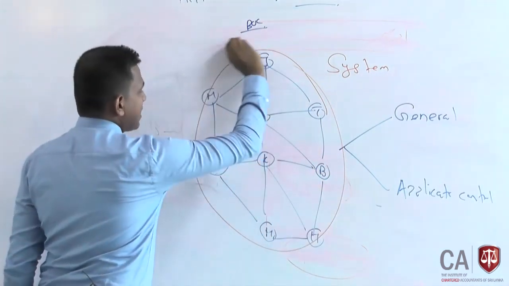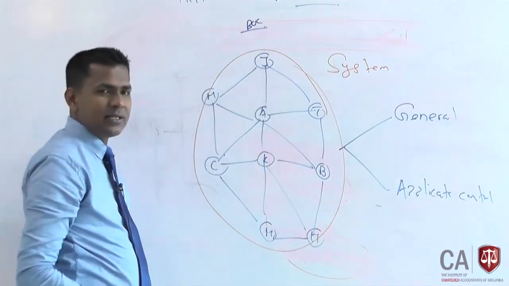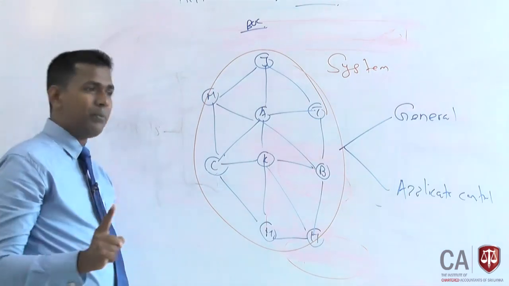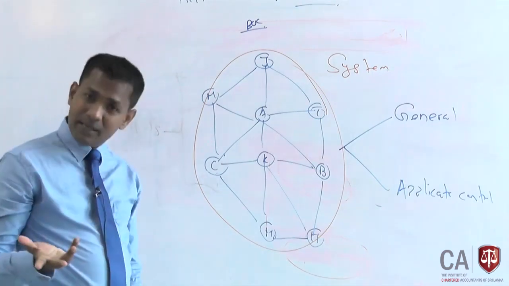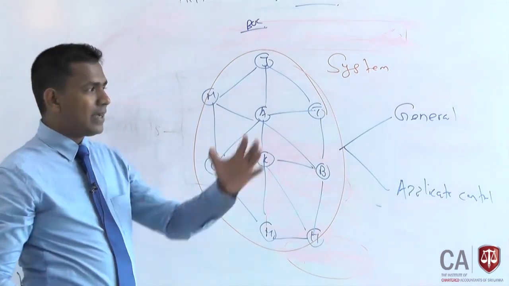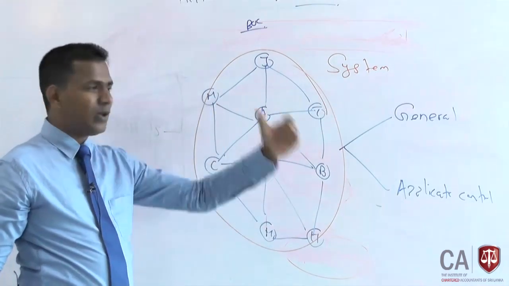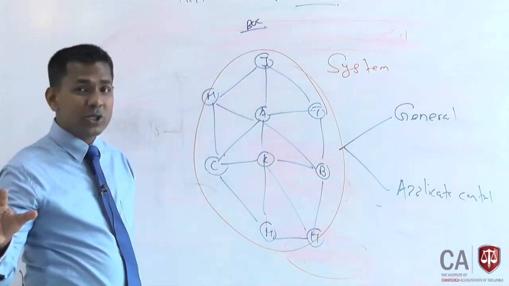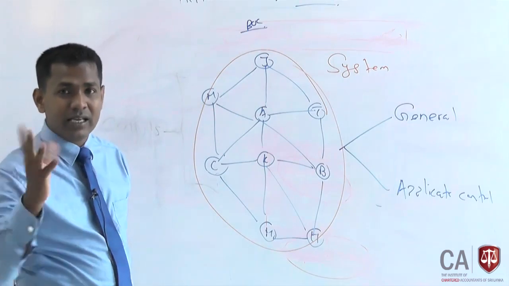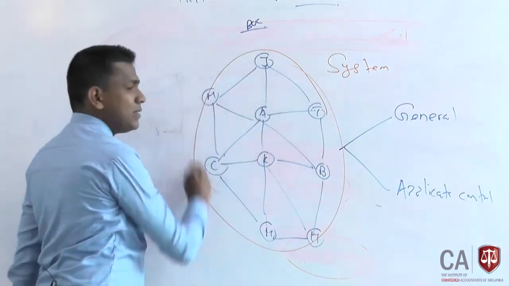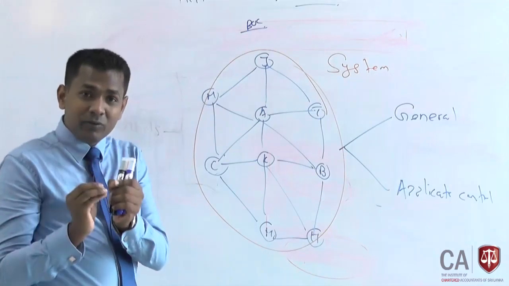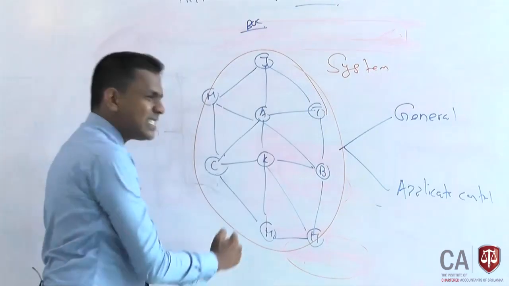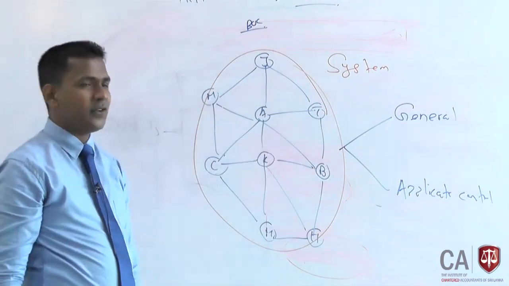For example, the disaster recovery system, DR. If there is a cyber attack or another physical attack on a bank location, there is another backup location to run the business operation. That is a general control of the business organization. Irrespective of the application, it is applicable to safeguard the entire business network. That is called general control.